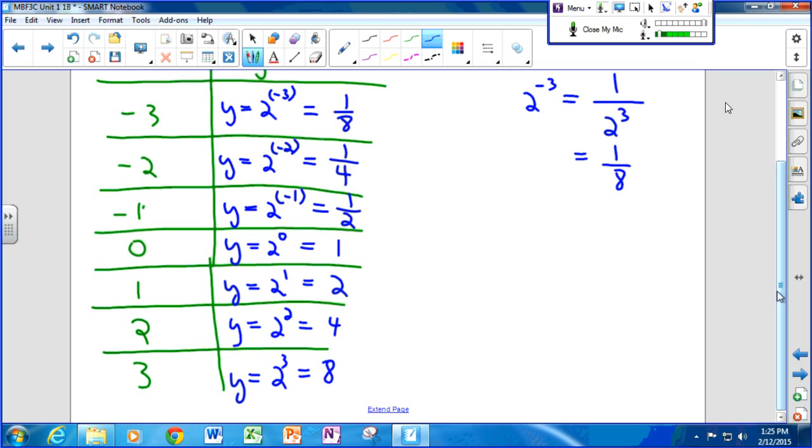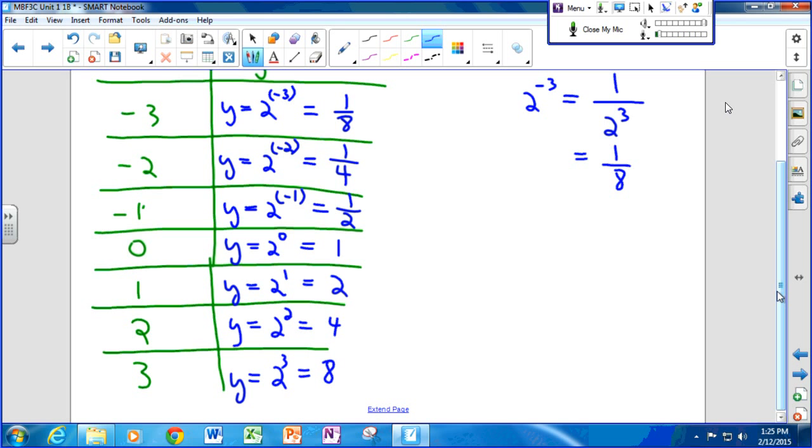No matter what numbers we pick, the negative exponents will give 1 over the positive values, which makes sense because that's one of our exponent laws, the one with negative exponents. To make it positive, you just take the reciprocal.